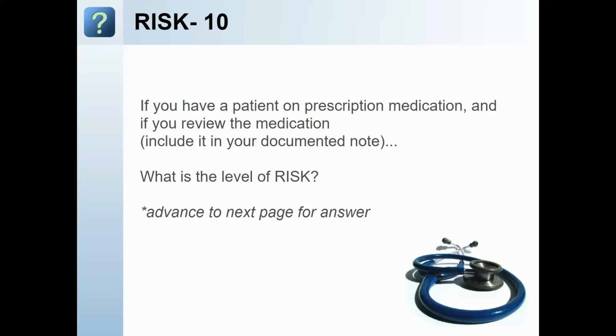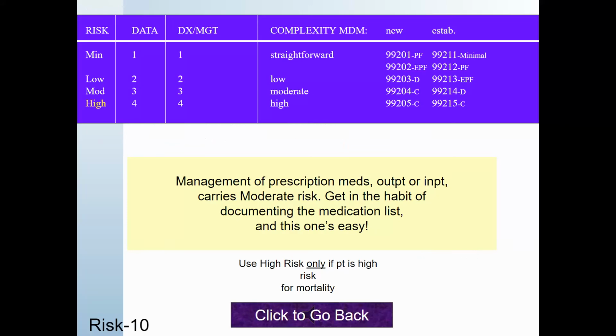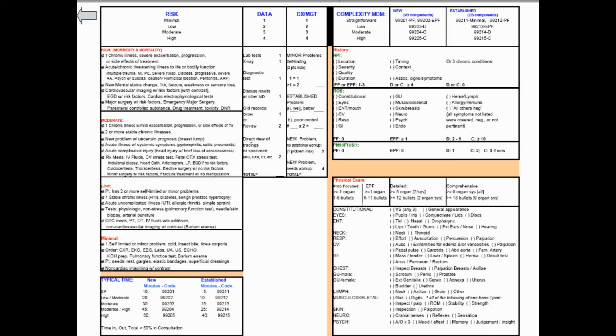You have a patient on prescription medication, and if you review the patient's medication and you include it in your documented risk, what is the level of risk? So the level of risk is moderate. Now, if you have your little worksheet in front of you, this is what that little worksheet looks like.